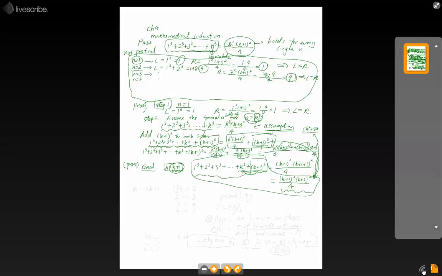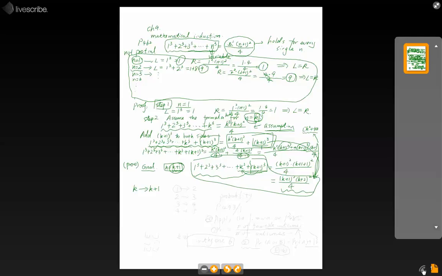And if we think about it, it looks like we only proved the 2 things. It doesn't look like the formula holds for every single n, because there are infinitely many n. But if we look at step 2, it already includes every single n, because we assumed if the formula is true for k, then the formula is also true for k plus 1.